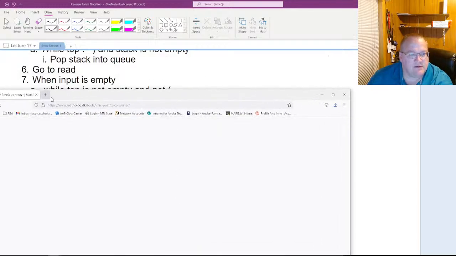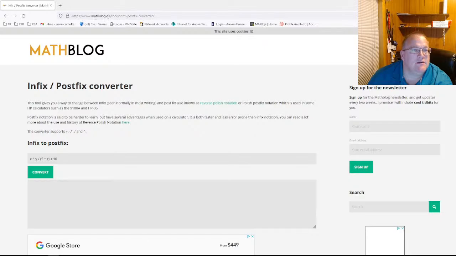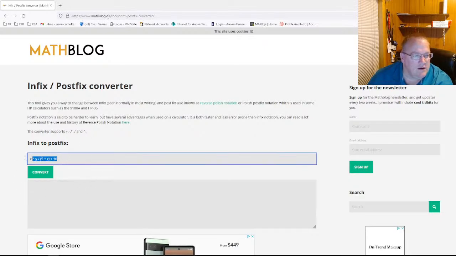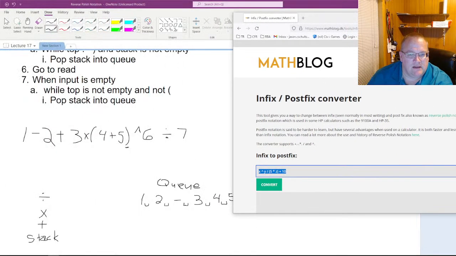This actually is another good website, MathBlog. Okay, hey, let's put our formula in there. 1 minus 2 plus 3 times open parenthesis 4 plus 5 close parenthesis caret 6.